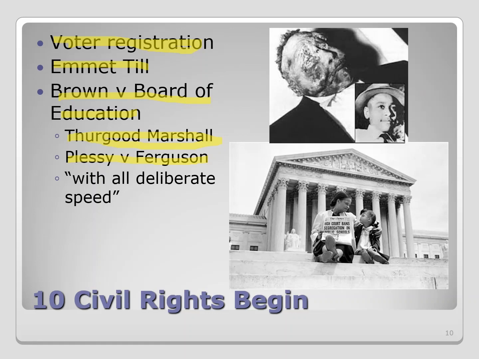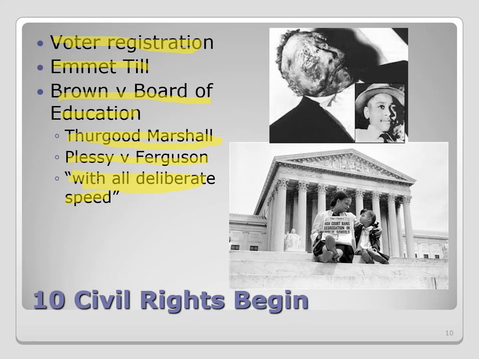Now, there is a problem. As the Supreme Court writes the decision, they use some very specific language. Here you see it, with all deliberate speed. The Supreme Court ruling says that schools must be integrated with all deliberate speed.